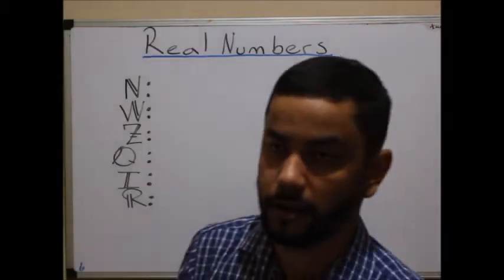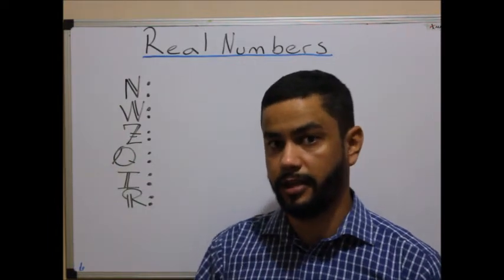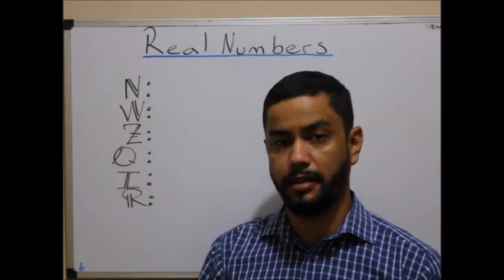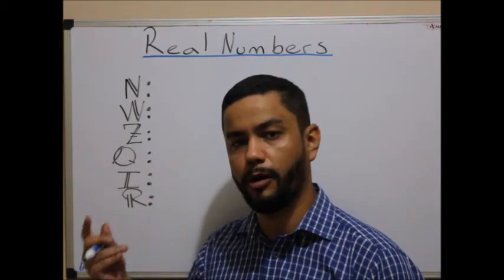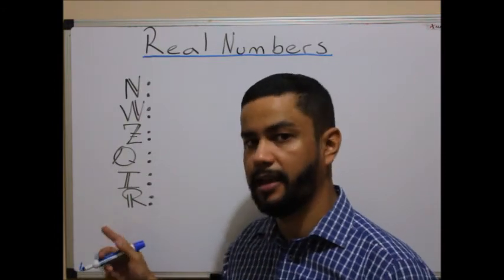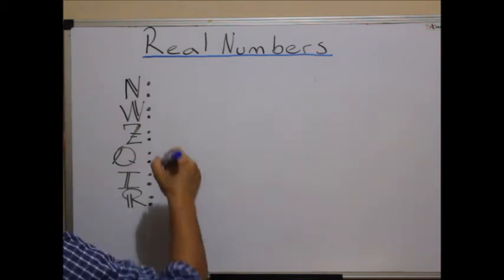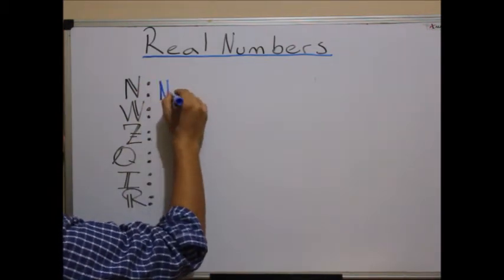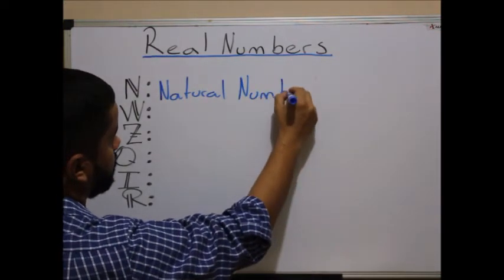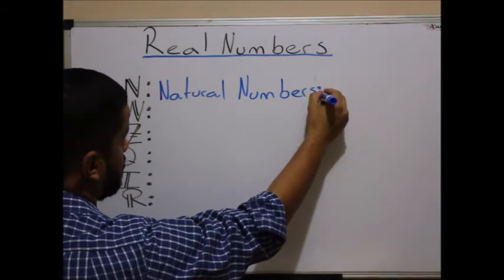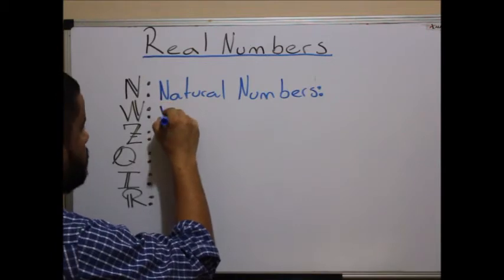Now we're going to focus our attention on those capital letters with a double mark, which distinguish the names of the sets from regular letters. We start with the natural numbers: the uppercase N is for natural numbers. Then we have a W, which is for whole numbers.